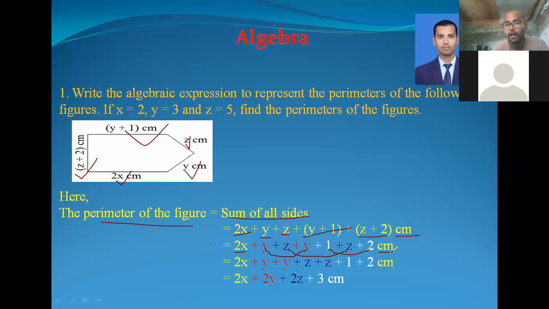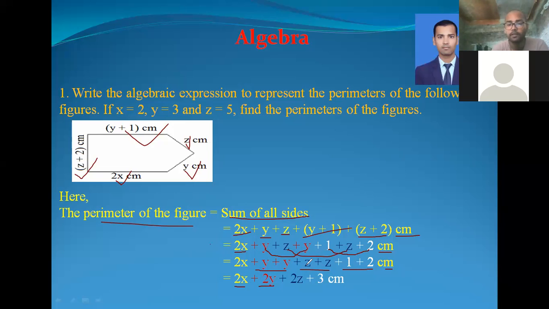At last we have to write centimeter here, and then we write all the like terms in one place. So here 2x, and then y plus y plus y, then plus z plus z, and then 1 plus 2, and at last we write centimeter here. Then 2x is just copied because it has no like term, but because of like terms with y, 1y plus 1y is equal to 2y, so we have written 2y here.